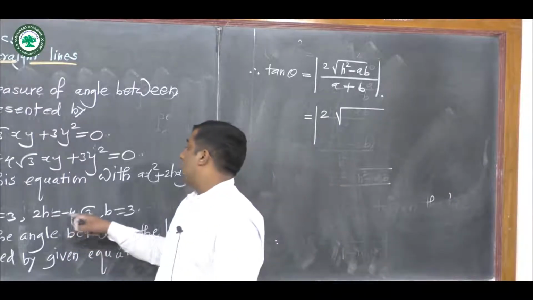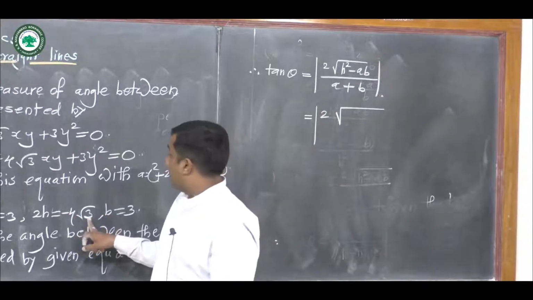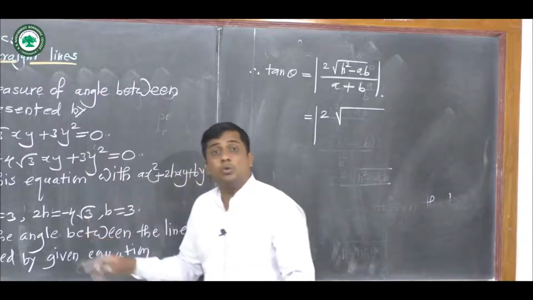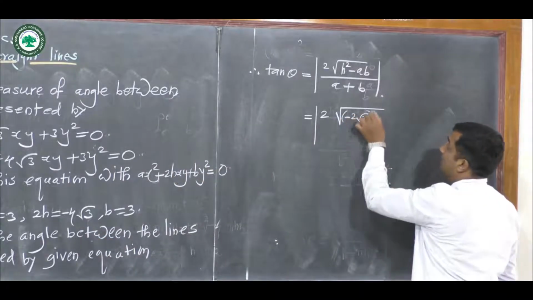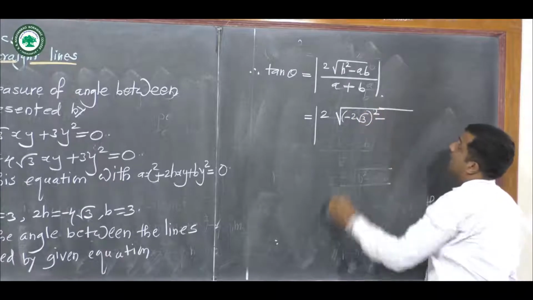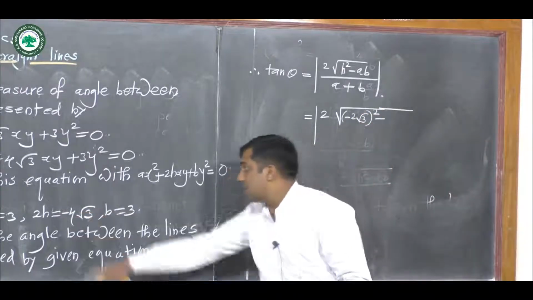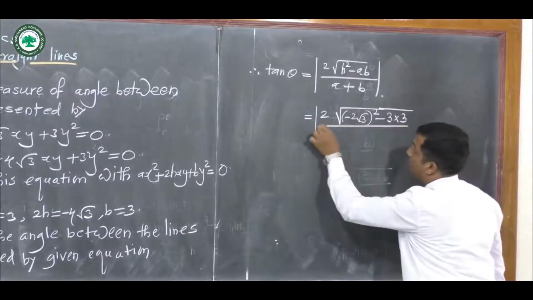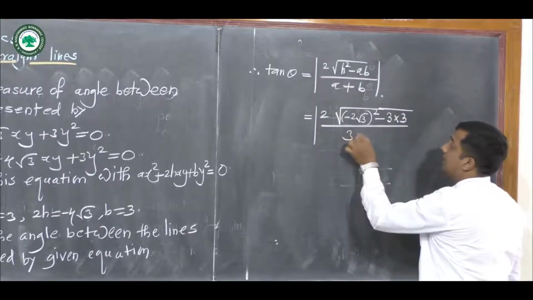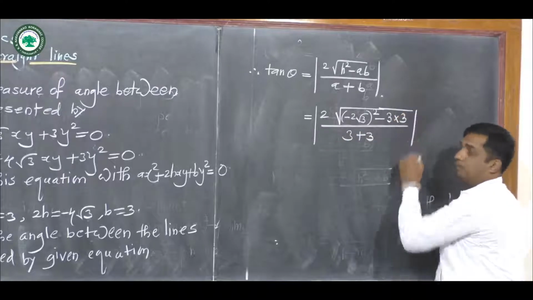Twice h is minus 4 root 3, so h is minus 2 root 3. So minus 2 root 3 whole square minus a into b, where a is 3 and b is 3, so 3 into 3, and this whole divided by 3 plus 3.